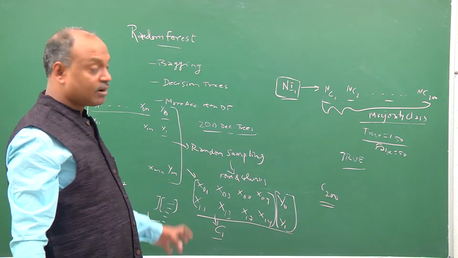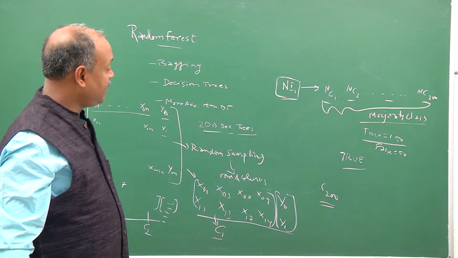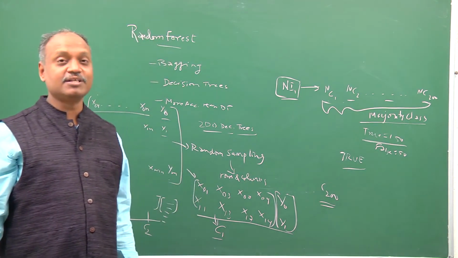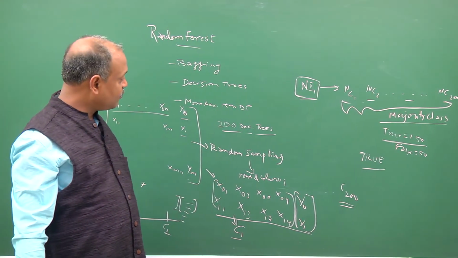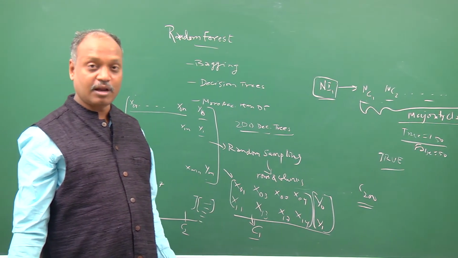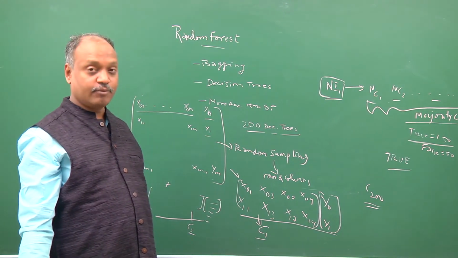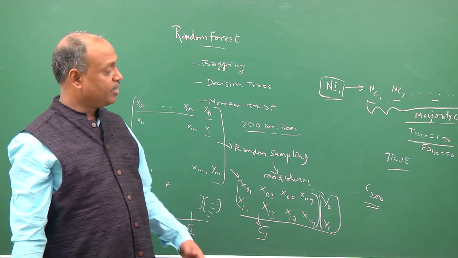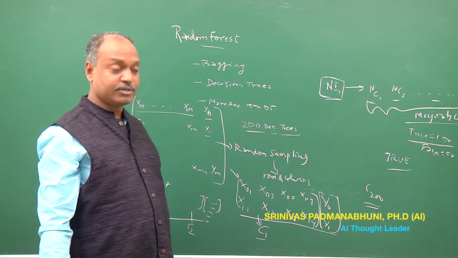The basic idea of random forest is that you bag the results by breaking the original input into several small sub-problems, run classifiers for them, then take the majority class from the decision trees generated from each of the 200. You can have 200, 250, 300, but usually a very large number of subsamples are created.